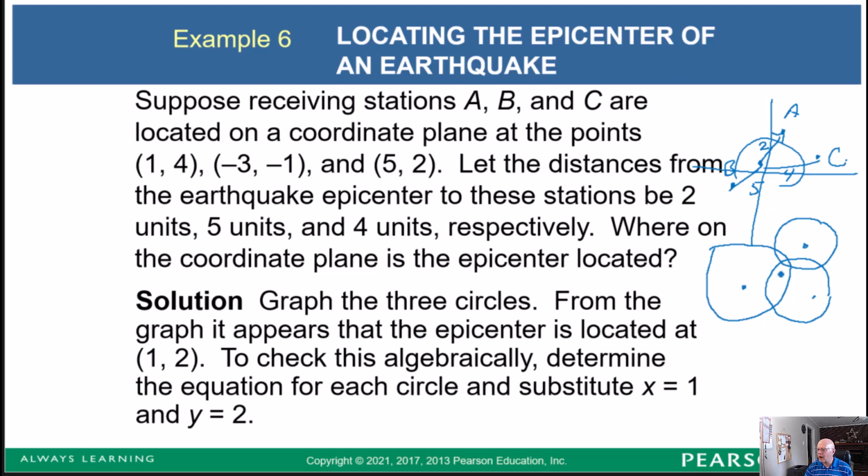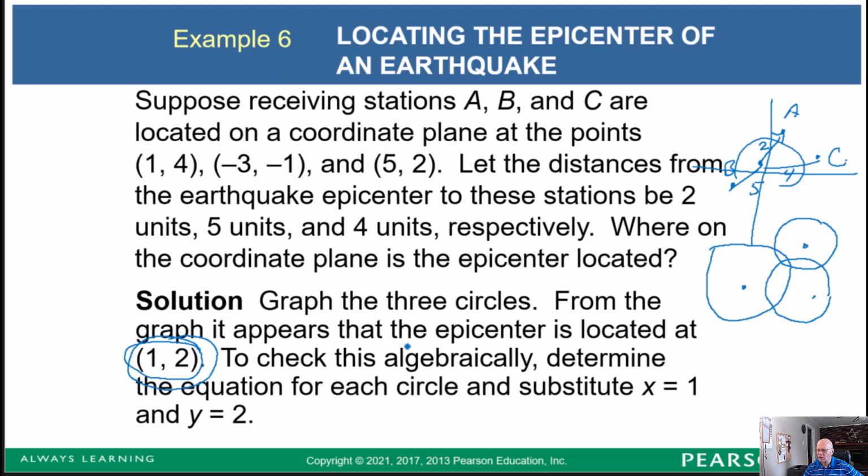Now, once you've graphed it, and you really need graph paper for this, you should notice that the epicenter is about at 1, 2. Now, of course, with this picture, I'm not going to get even close. But when you do it on decent graph paper, those circles should all hit 1, 2.